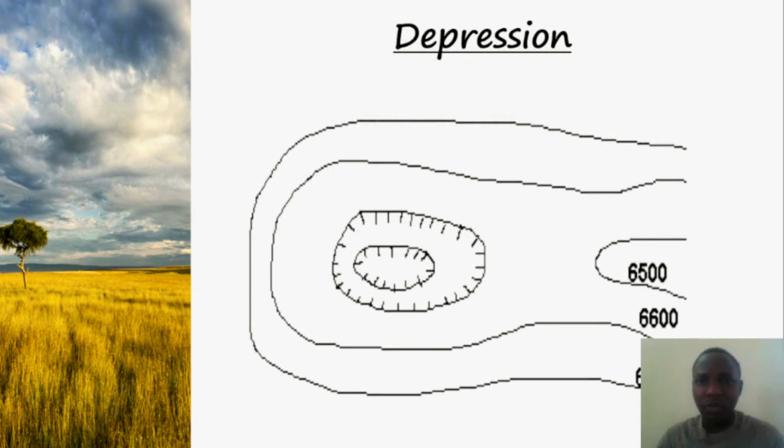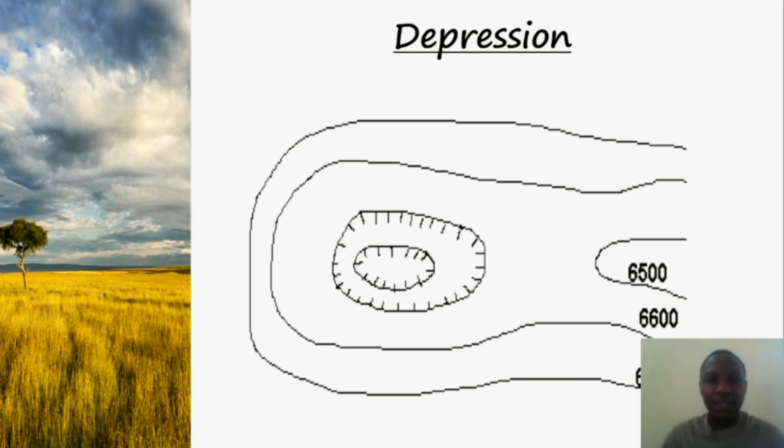Now, here's how the depression can be shown on topographical maps. As you can see here, just some markings of the contours. Here is high elevation, and when you go further down inside, where this 6,500 is, it means here is the depression. Aside from that, you can see these contours are marked with these markings.